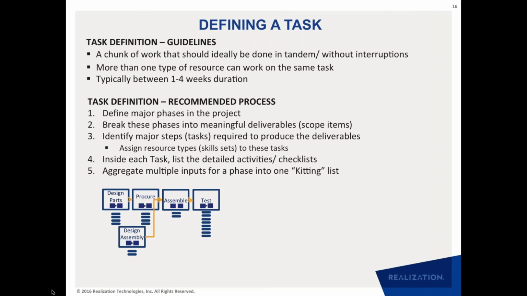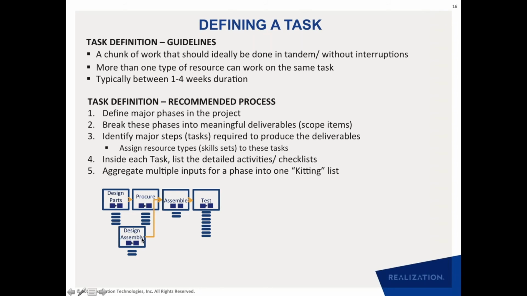So for example, to make it more concrete, in the project plan that we did for the engineer to order, we know the phases are you design, then you procure, you do some assembly, you do some testing, and there's an assembly design that is going on. So these are the major phases, if you will, that happen inside the project. So we know those phases.